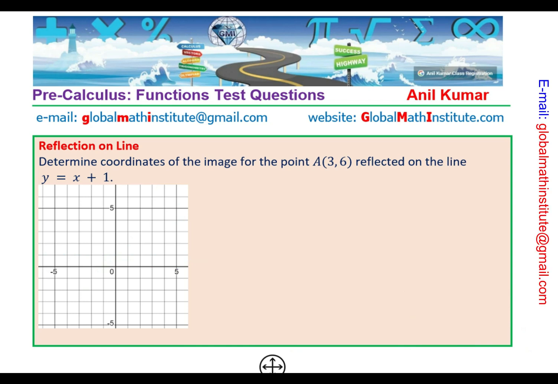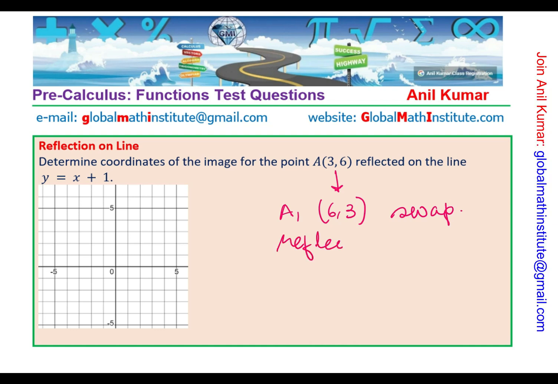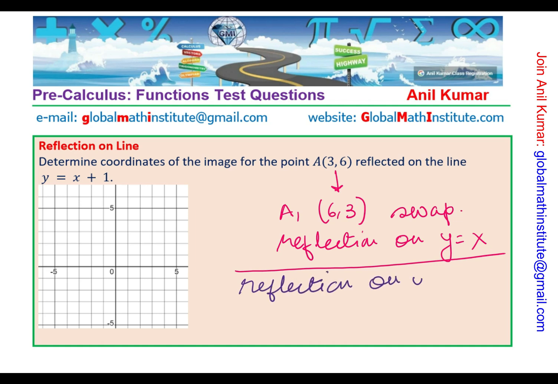So basically, we are given the point (3, 6). The first step is swap, so (6, 3). Swap really means that we have done a reflection on y equals x. But the actual case was that we need to do reflection on y equals x plus 1.